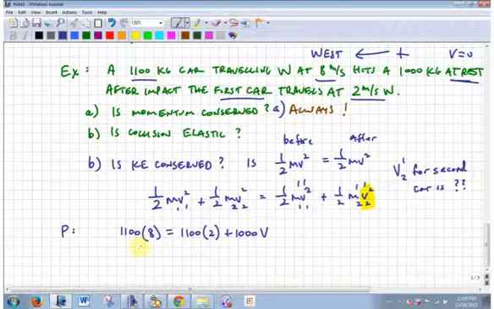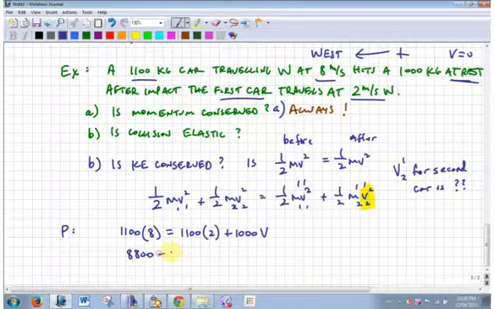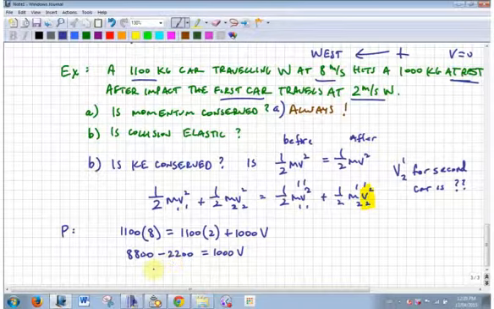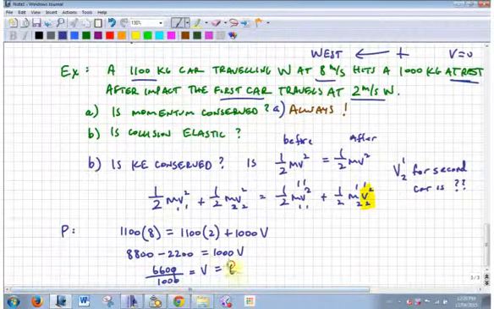Okay, so what's 1100 times 8? Yeah, that's right. Minus that is 1000 v. So that minus that is 6600 over 1000, which looks like about 6.6, right? What direction? It came out positive, so that's west.